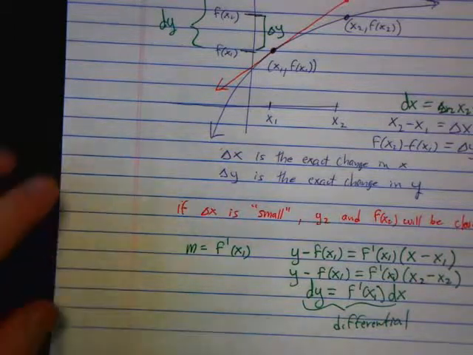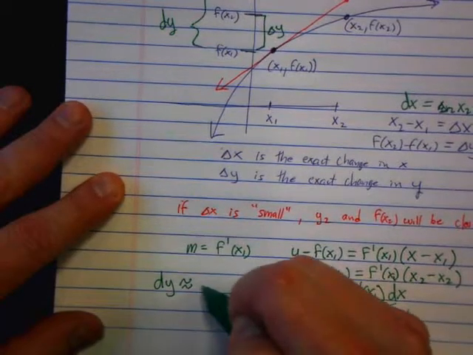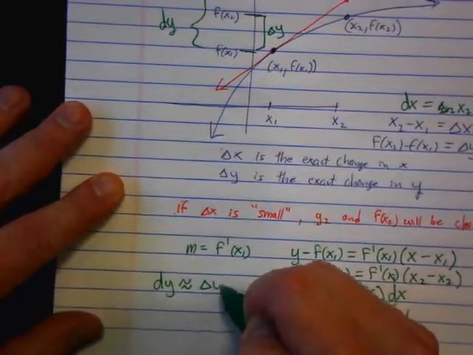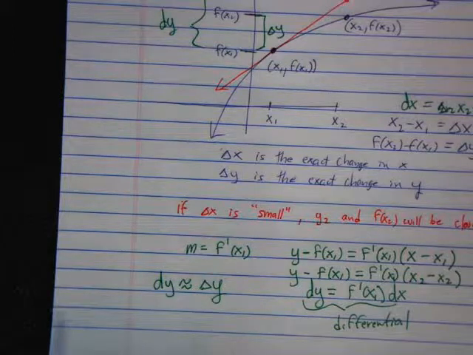What's important about this formula is that dy is approximately equal to delta y. They're not exactly equal, but they're close. And that's going to help us to approximate values. Sorry, what was the dx again?